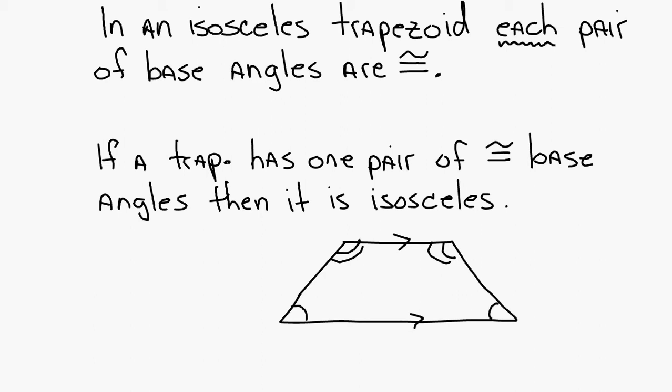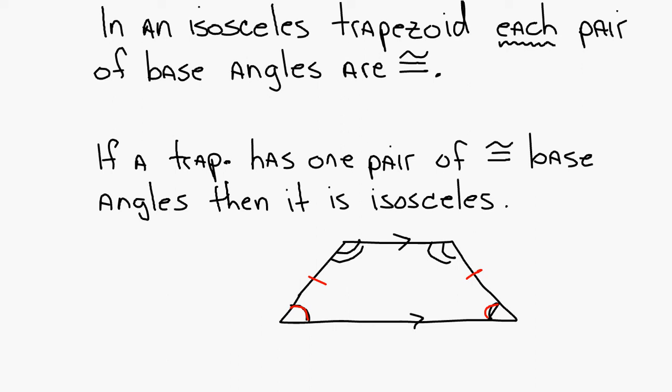If you're given that picture, four sides, you're told the top's parallel to the bottom, and these two base angles are congruent, it means that the top base angles are also going to be congruent. And it's also going to mean that the left side is congruent to the right side. So that little piece of information tells you a lot of other information, and that's what they want you to get out of that property.